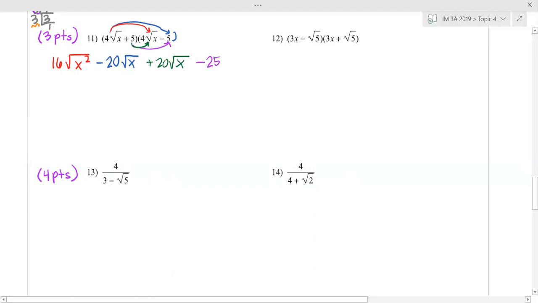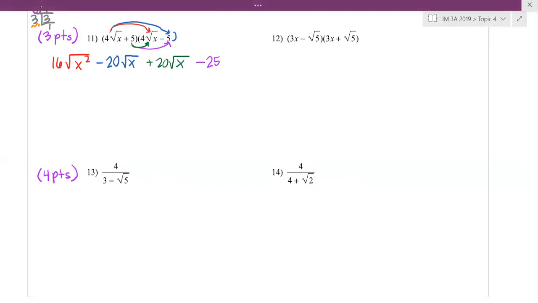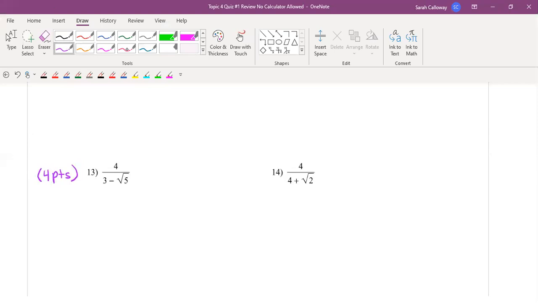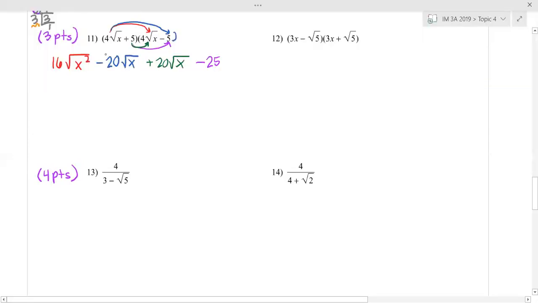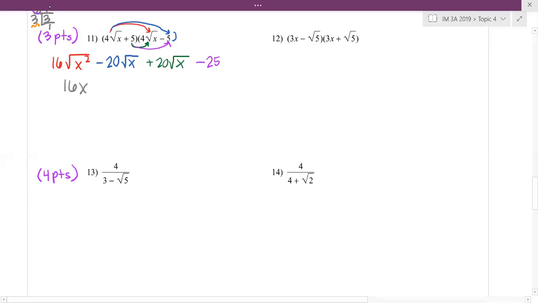So what I want to do with this problem now is see if I can simplify and combine like terms. So if I have 16 times the square root of x squared, the square root of x squared is just x. So this term is going to be 16x. Then I have 2 terms with square roots of x.